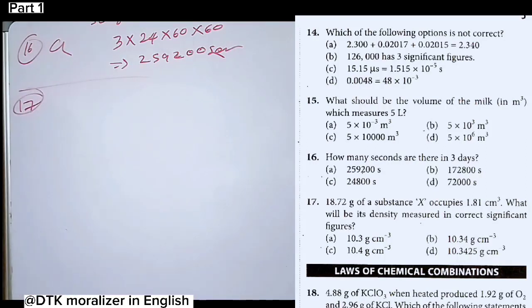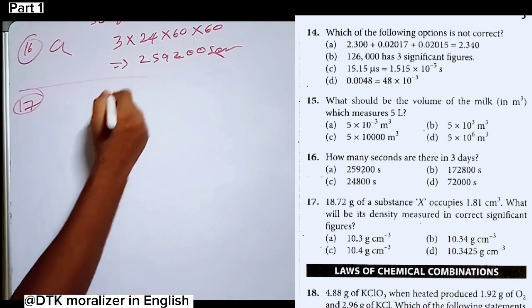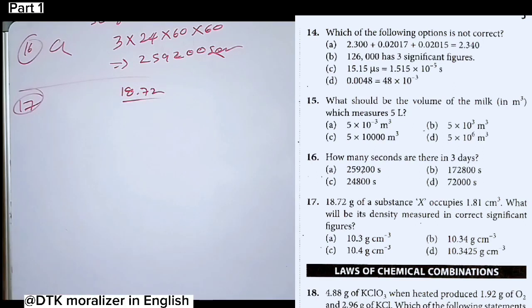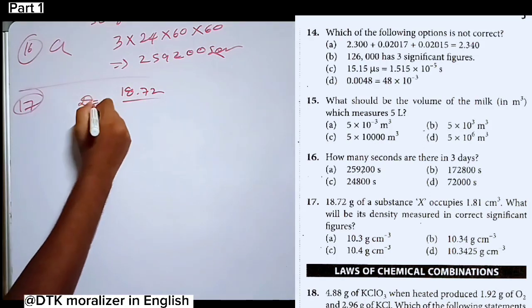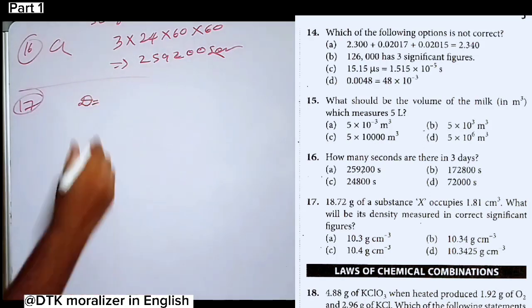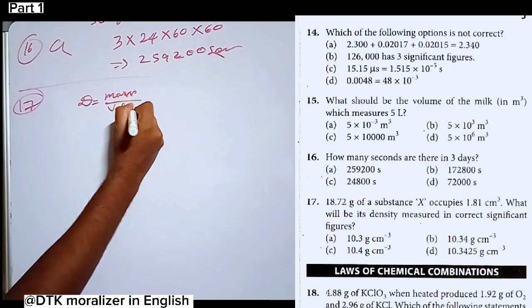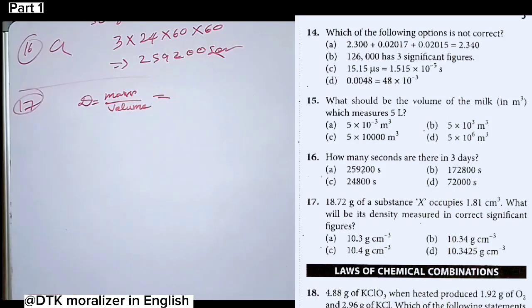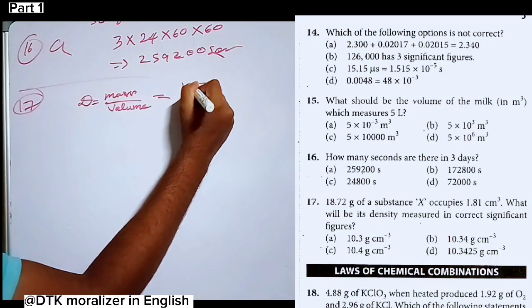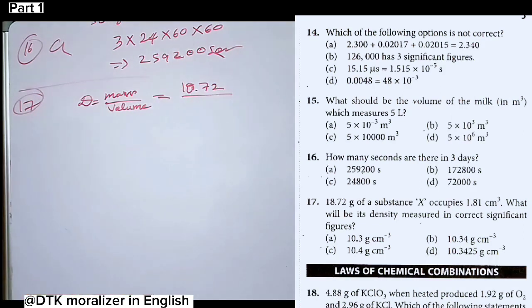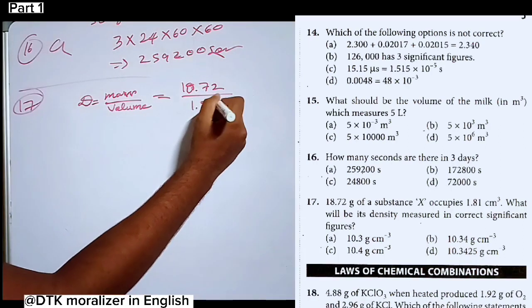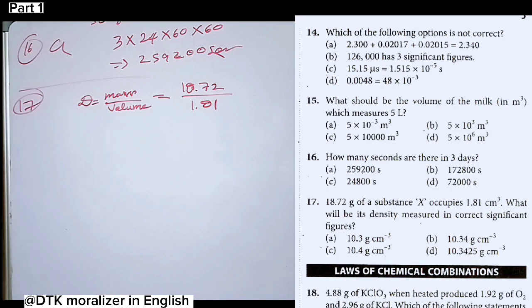Now question number 17. 18.72 grams of substance X occupies 1.81 centimeter cube. What will be its density measured in correct significant figures? So we want density. For density, mass by volume. So here mass 18.72 grams and volume 1.81 centimeter cube.